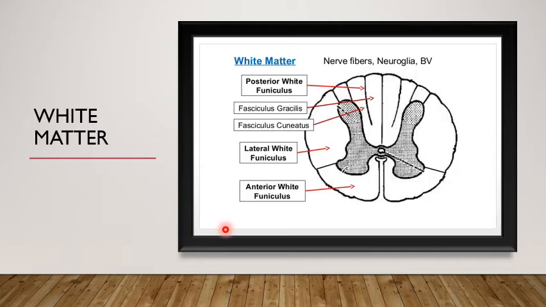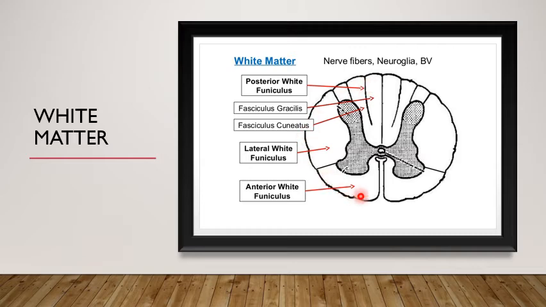Now let us understand about white matter. Surrounding the gray matter is the white matter. What is it made up of, students? We have already understood. It is made up of myelinated and non-myelinated nerve fibers. Right? Now let us understand the structure of it.